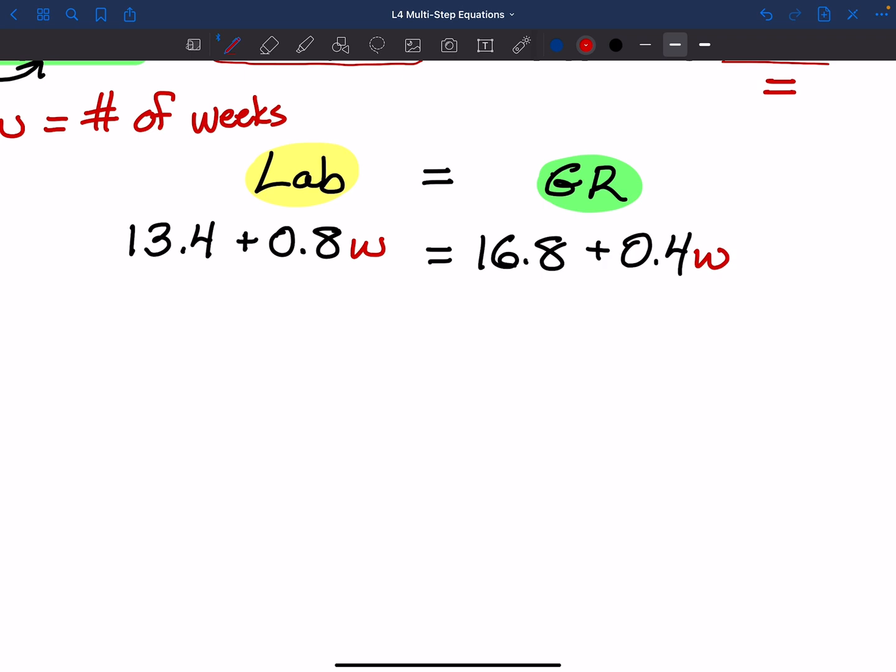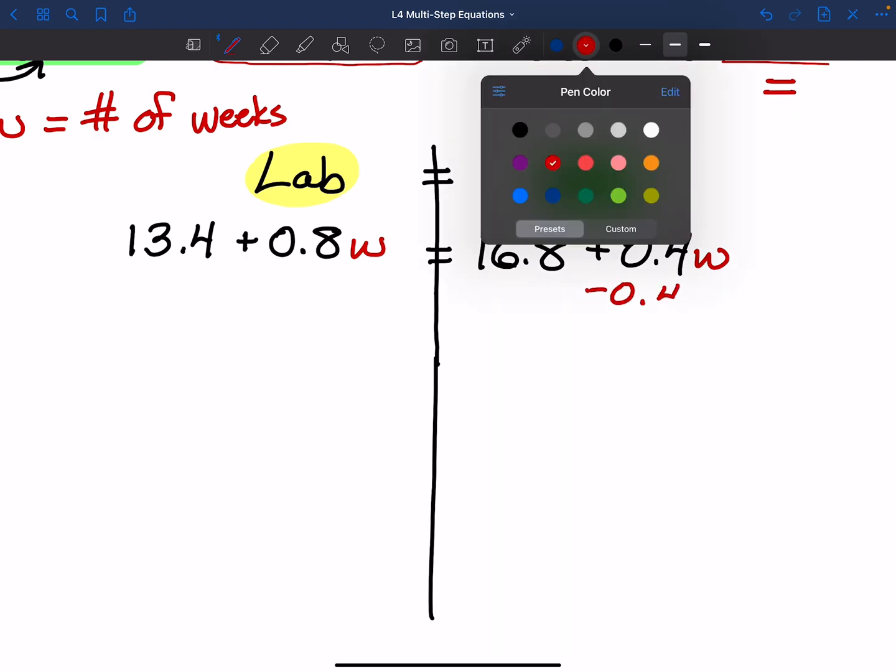I don't have any distribution to do because there's no parentheses. I don't have any like terms on the same side that I can combine, right? So we can skip over that. What I do need to do, though, is move all my variables over to one side. Oops, I was a little bit hasty on drawing that in there. So to move my variables all to one side, let's subtract 0.4 W from that side. Whoops.